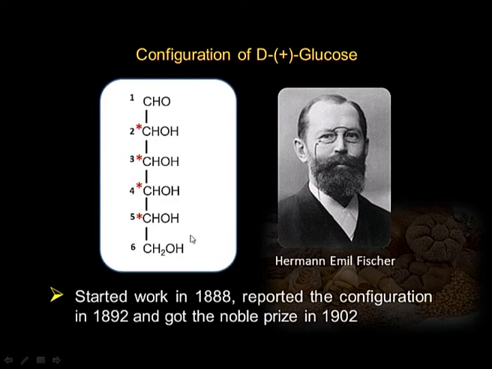Fischer started this work in 1888. He reported the configuration of glucose in 1892, and for this work he was awarded the Nobel Prize in 1902. So you can see that almost 4 years of work went into determining the configuration of this D plus glucose. Now, how did Fischer start?